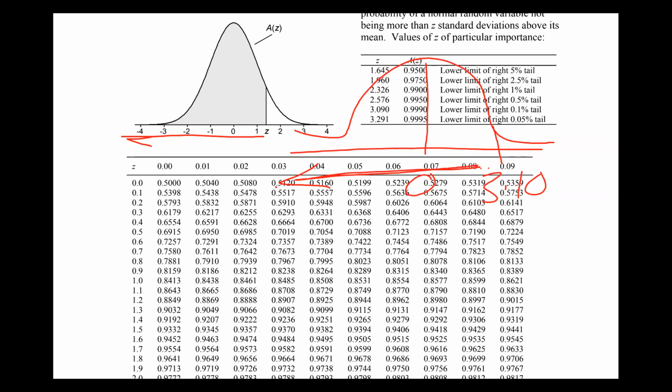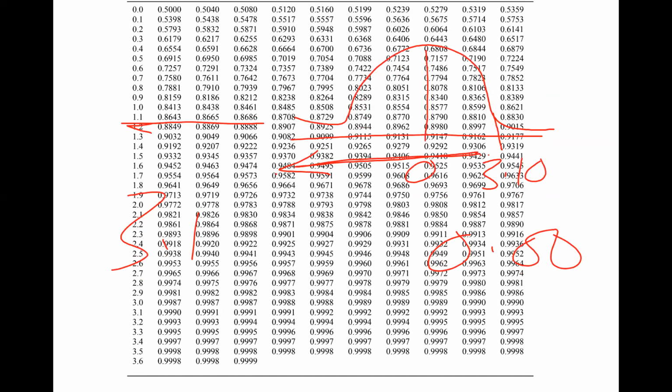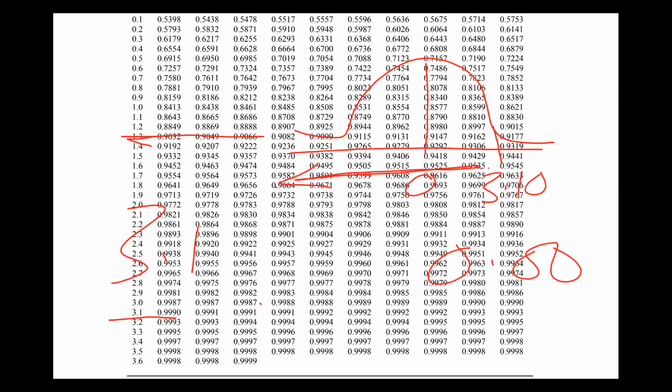So you go where there is 3.1 and where there is 0.00. Where do we find 3.1? I think now you know how to read the table, because the whole conversation is around reading the table.